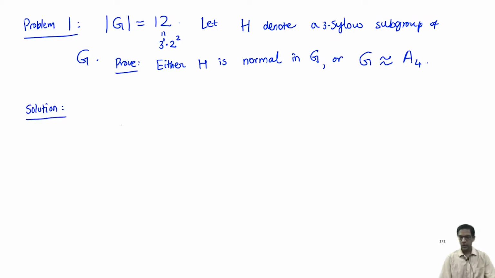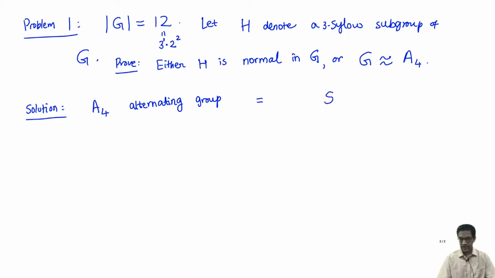First, let's recall what the group A4 was. So what's A4? This is what we call the alternating group. So you encountered this once before, the alternating group on 4 letters. How was it defined? If you look back on the lecture on normal subgroups, you will recall that this was defined as follows.